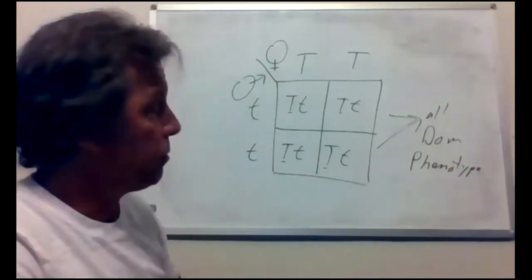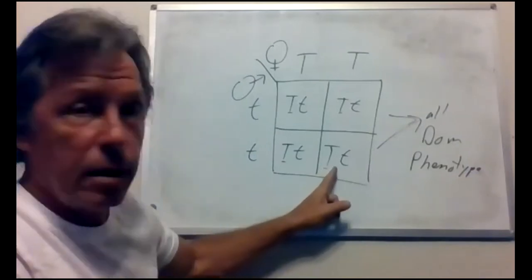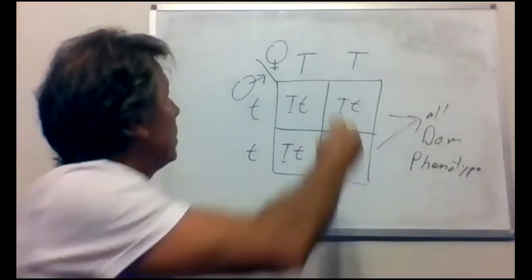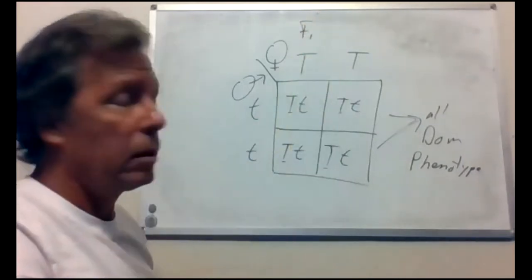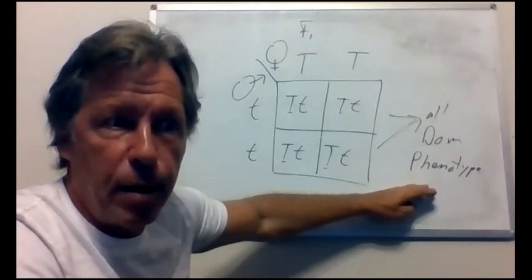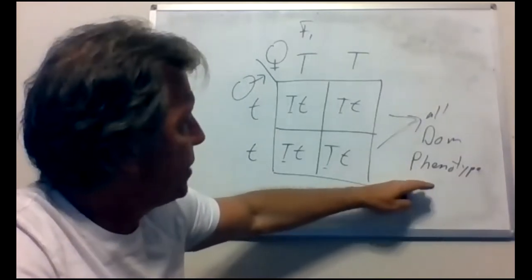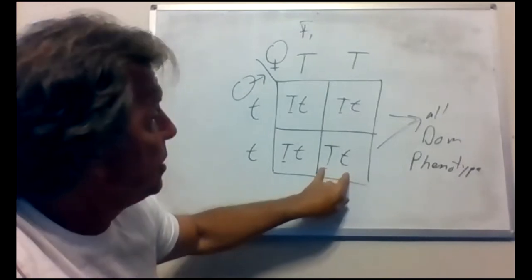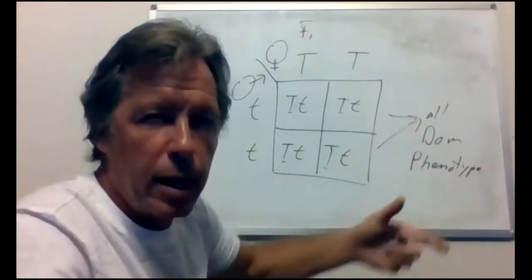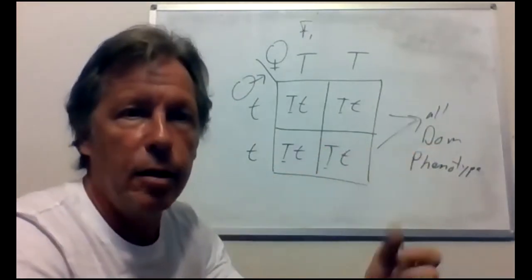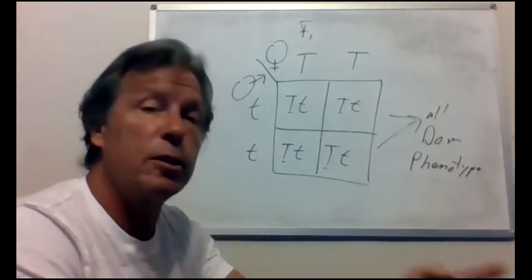So he wanted to figure out this. The question is, okay, in the F1, what I see is all dominant. But what happens if I go back to self-fertilizing these guys, right? Sure, they're all dominant, but what's going on inside? Is this dominant plant actually carrying the hidden allele, the recessive allele, or has it been destroyed?